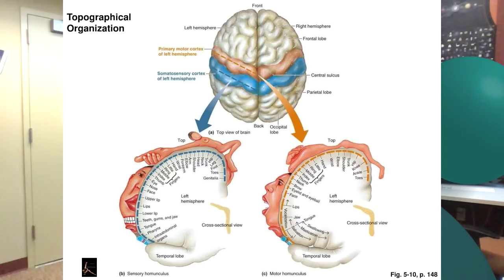So you can see on the little person that the hand area, that portion of the brain devoted to controlling our hands and our thumb, look at how big the thumb is, right? We have opposable thumbs. And so that distortion of the hand being very large indicates that we have a lot of neurons devoted to that.